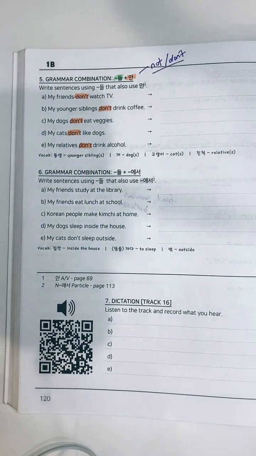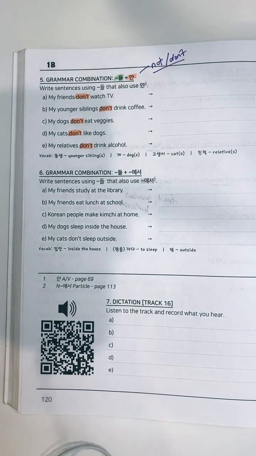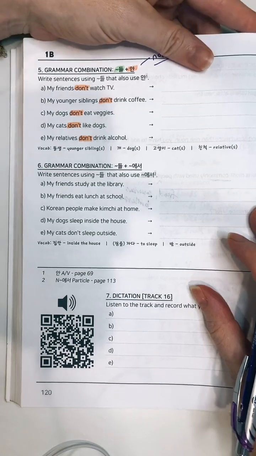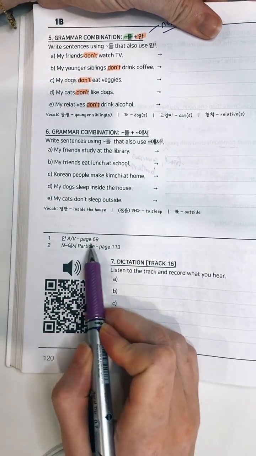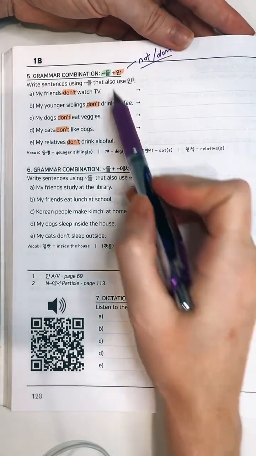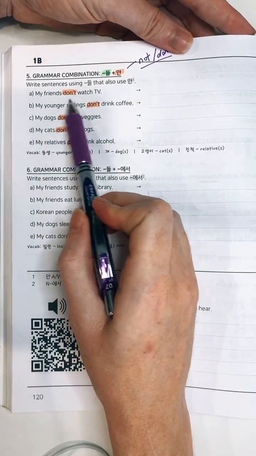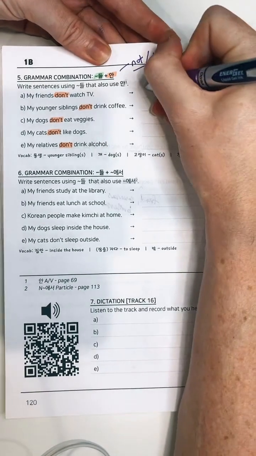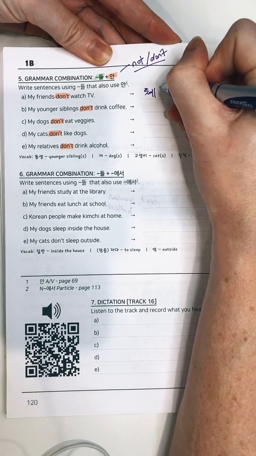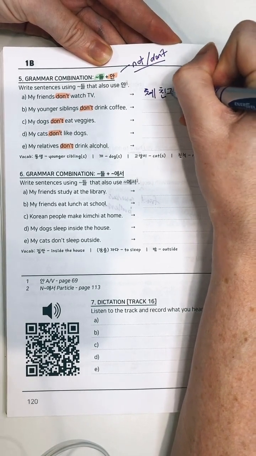Now if you're not sure how 안 works, we learned it previously in this book. So you can always go back and refresh. There's a little link here, so you can go back to page 69 and check it if you don't remember. But here we're going to be using 들 and 안. A, my friends don't watch TV. My friends is, oh, no cheat, 제 친구들.